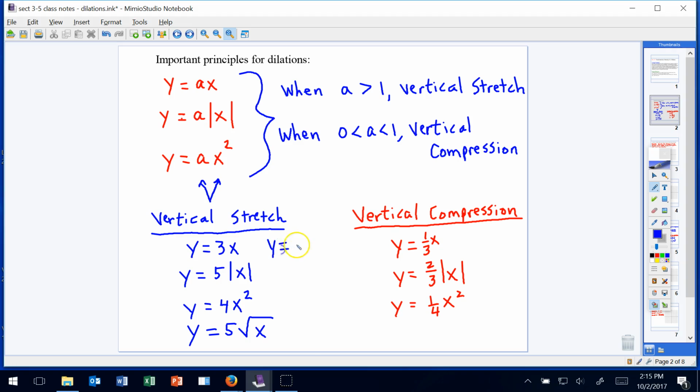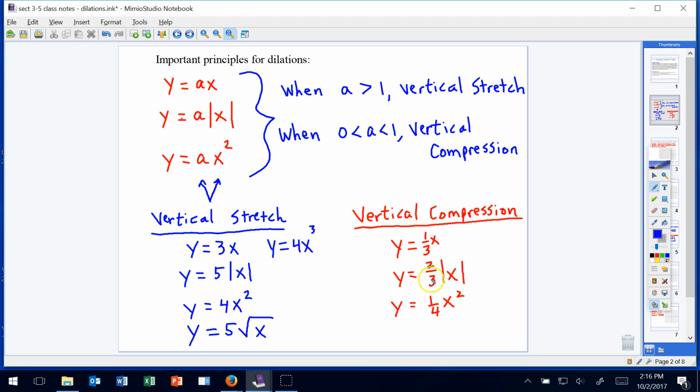We could also add the cubic function. I've got a number, and the key is it's greater than 1, in the front of any kind of grouping symbols, or in this case the radical sign. I've got vertical compression when that number becomes between 0 and 1.